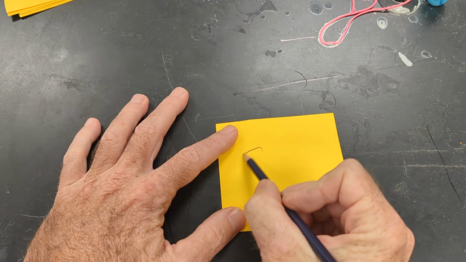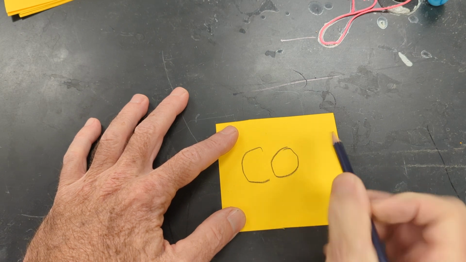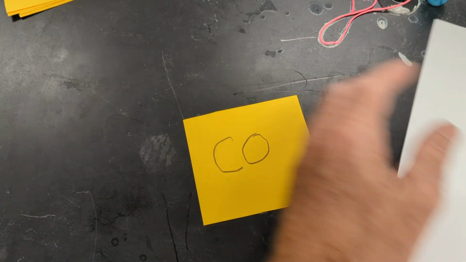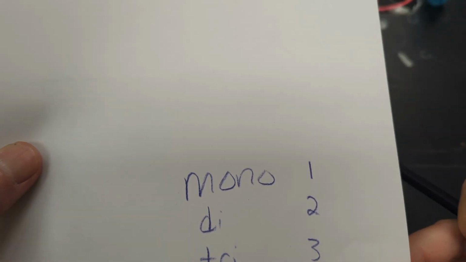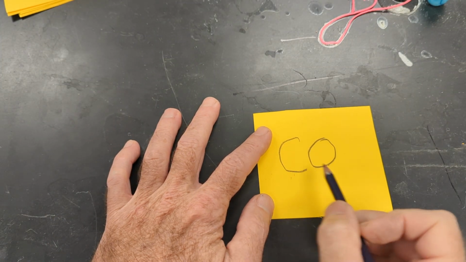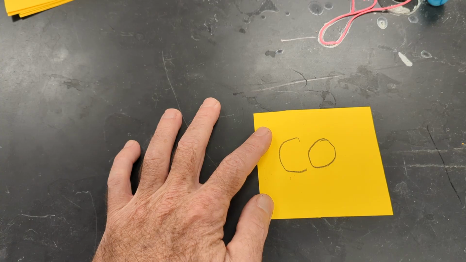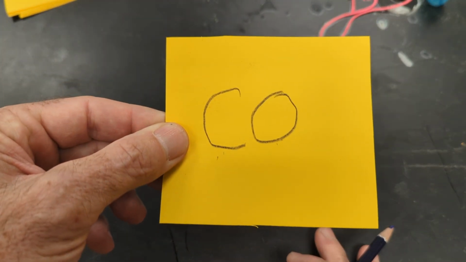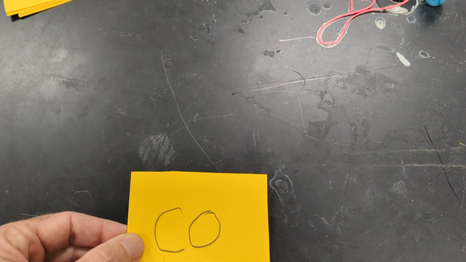What would the name of this be? Carbon monoxide. I bet you've heard of that too. This is what comes out of your mouth when you exhale. This is a poisonous gas that will kill you.